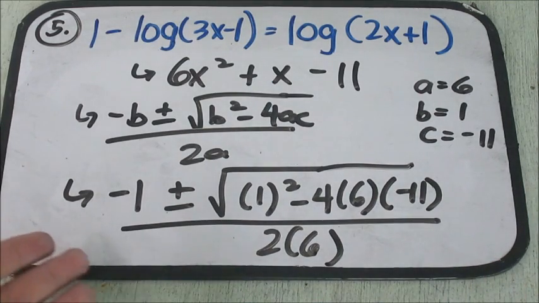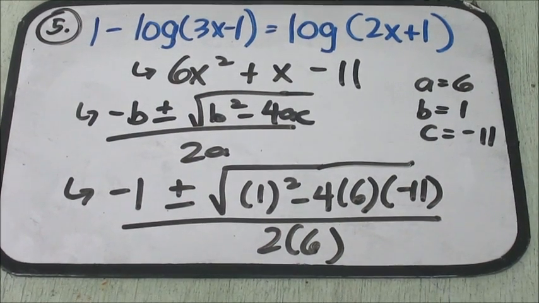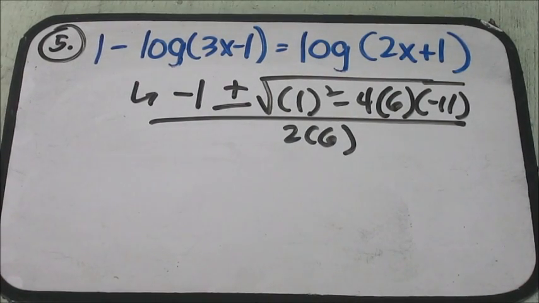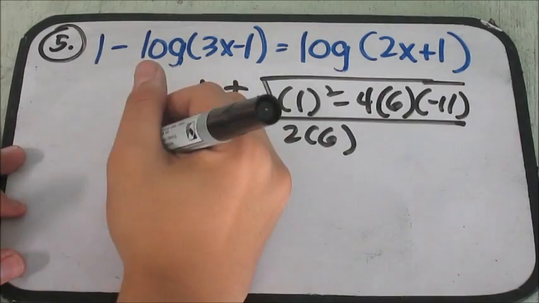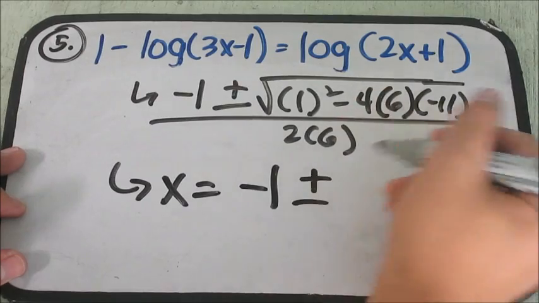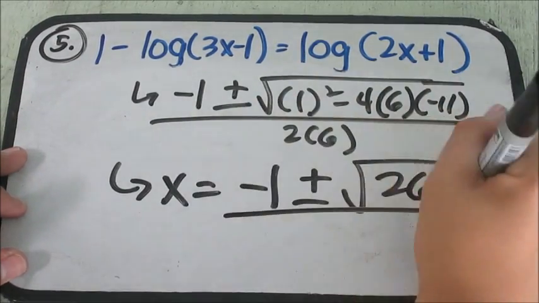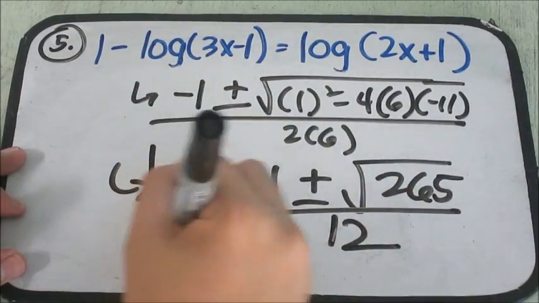So we arrived at that by substituting the values of a, b, and c to the quadratic formula. And then we will simplify. So the value of x is negative 1 plus minus square root of 265 all over 12.